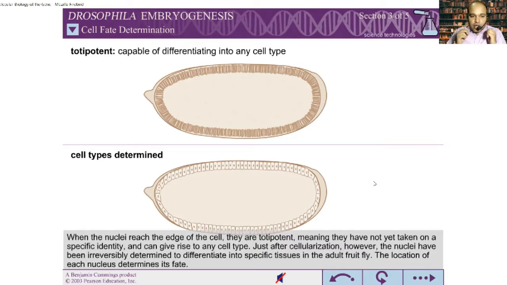Now, these cells before cellularization were totipotent. That means if you transfer one cell from one site to another site, अगर आप इस सेल को यहां से निकाल के यहां पर डाल देंगे या किसी और सेल को कहीं से निकाल के कहीं और ट्रांसप्लांट कर देंगे, then what is going to happen?